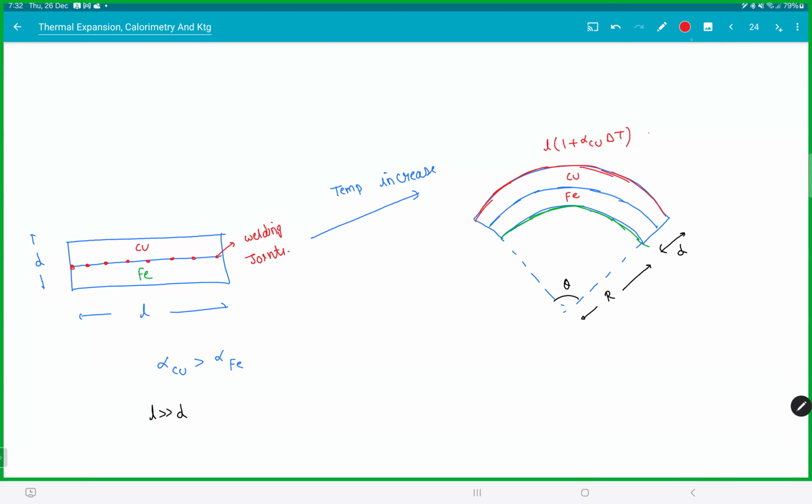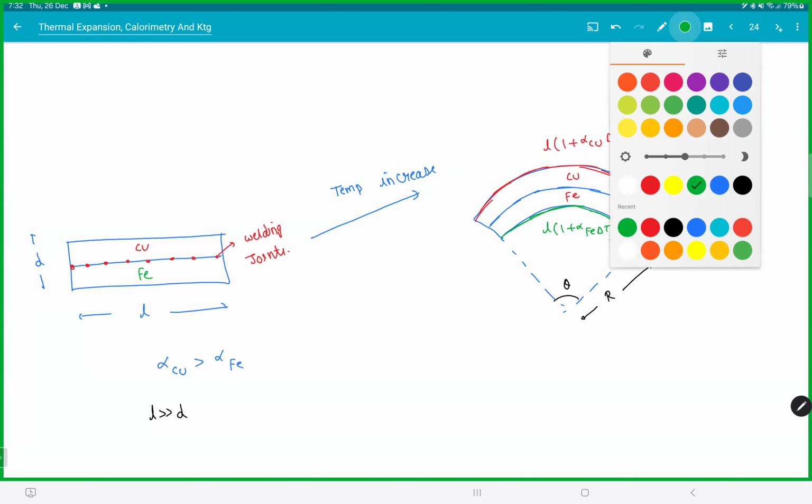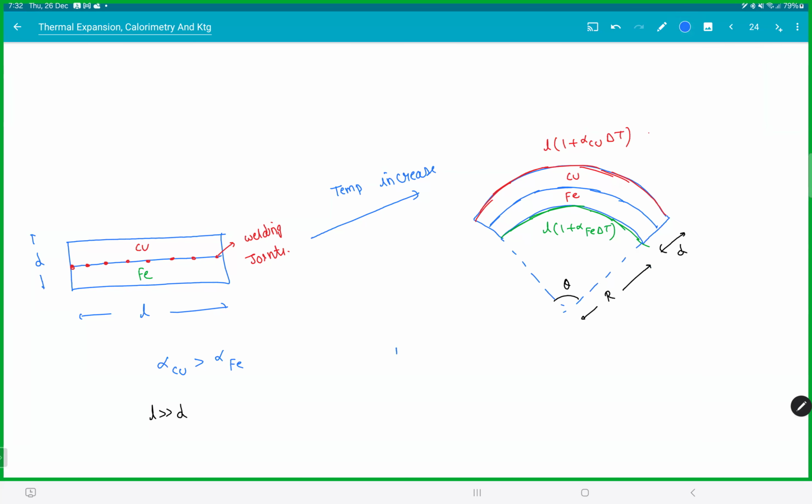And this will be L into 1 plus alpha iron delta T. So from here you can clearly see, the outer one has a radius of R plus d, so (R plus d) into theta is L into 1 plus alpha copper delta T. This would be R into theta is L into 1 plus alpha iron delta T. Divide them, you will get R and you can get theta also. This is how you can find R and theta.